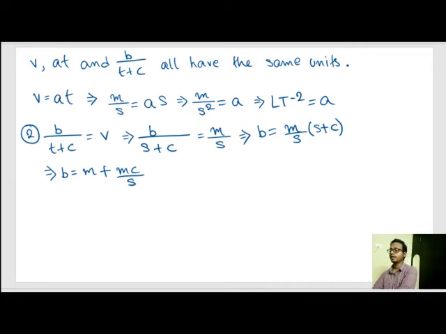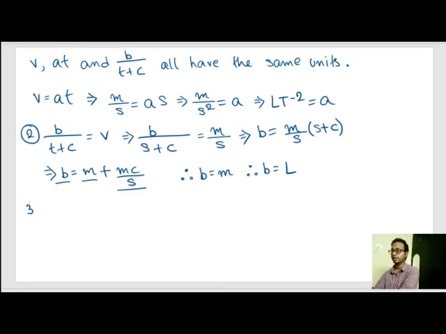Now out here we can apply the same concept of addition and subtraction. That means the units of b, the units of m and the units of mc by s are all the same. Therefore the unit of b is equal to the unit of m, where m is meter. Therefore b is equal to length. We know that the unit of length, or m, and the unit of mc by s are the same.